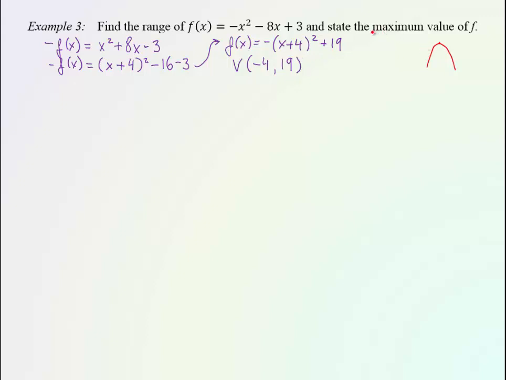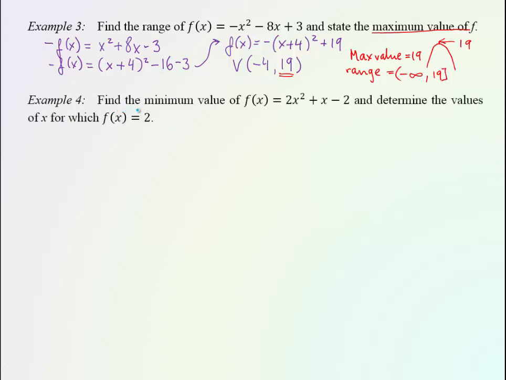Okay, so we already have the maximum value. The maximum value is actually 19, the second coordinate of the vertex. So we can record maximum value equals 19, and we can easily state the range of this function as -infinity up to 19 inclusive.